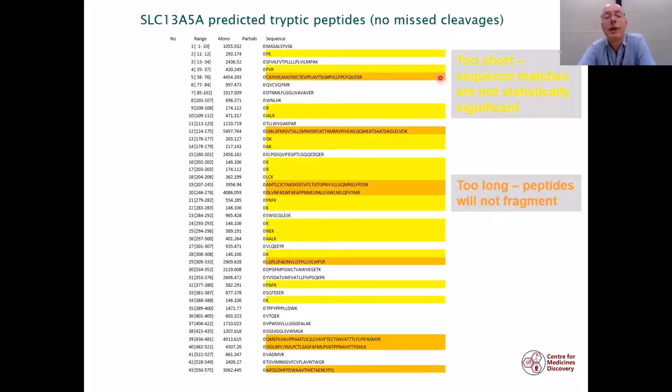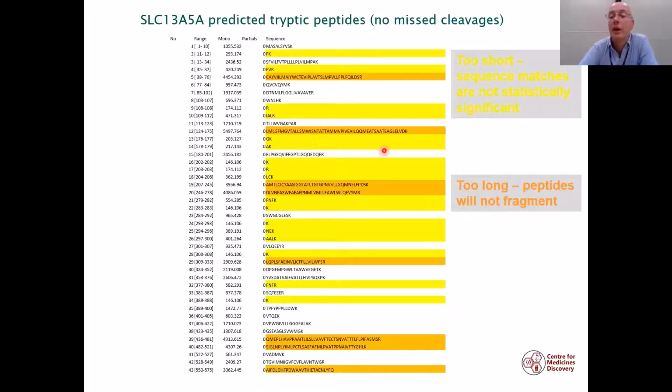The ones that I've marked in yellow, like this one, FK, you can detect that. The problem is it's too short for that sequence to be statistically significant, so you can't use that. It's not useful in a database search.